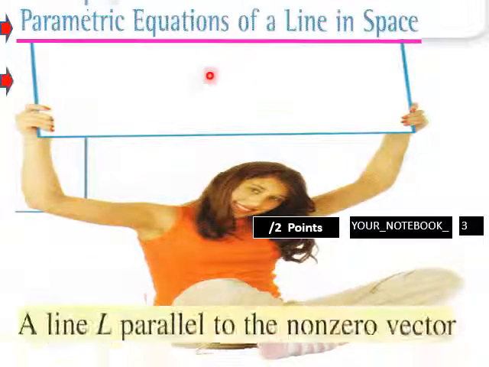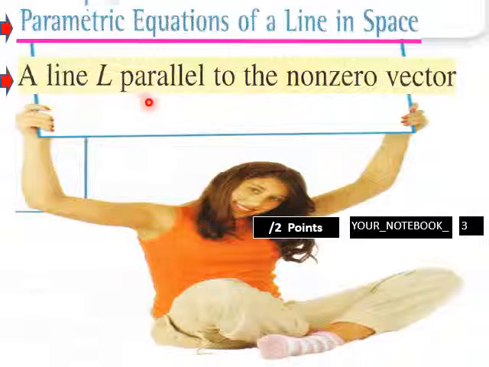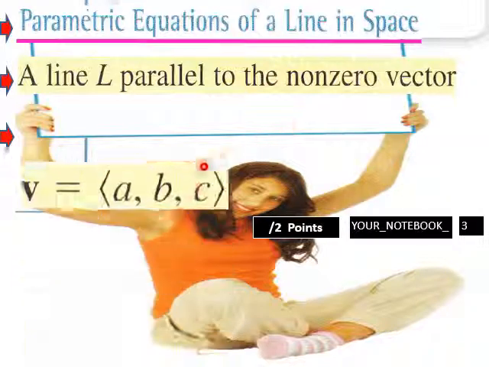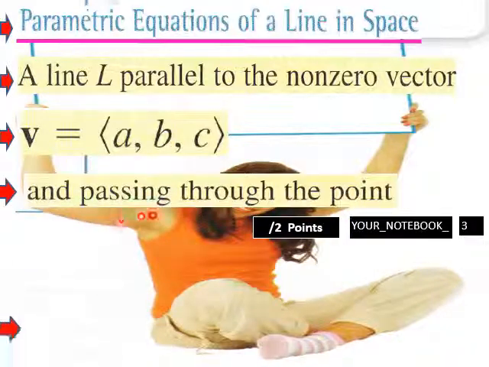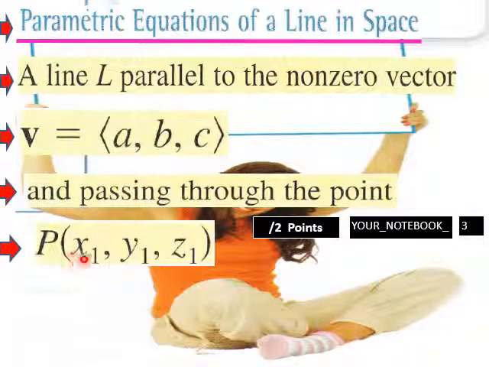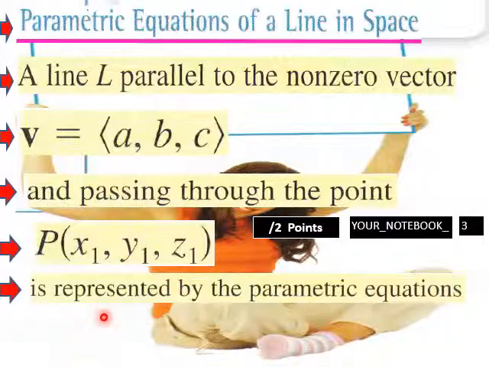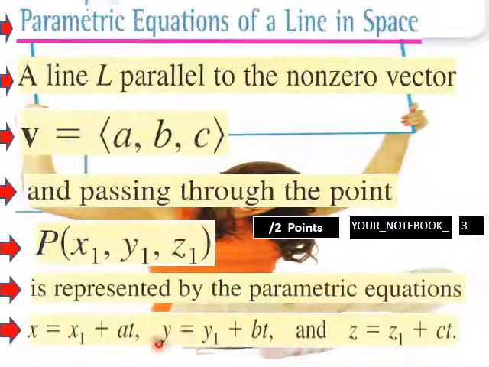Parametric equations of a line in space. A line L parallel to the non-zero vector V equals A, B, C, and passing through the point P, X1, Y1, Z1, is represented by parametric equations: X equals X1 plus AT, Y equals Y1 plus BT, and Z equals Z1 plus CT.